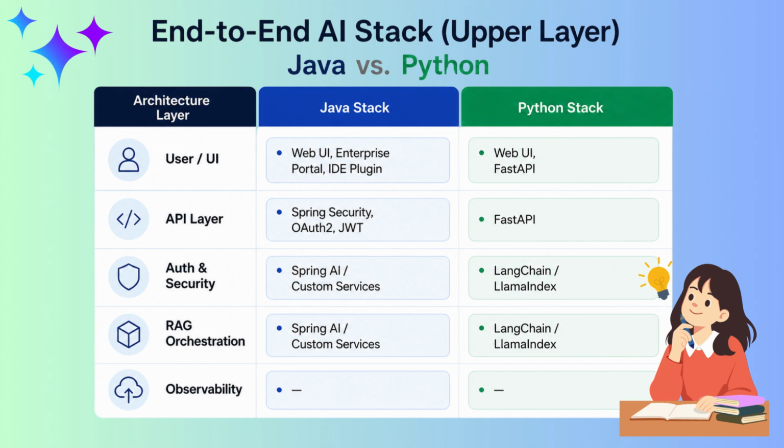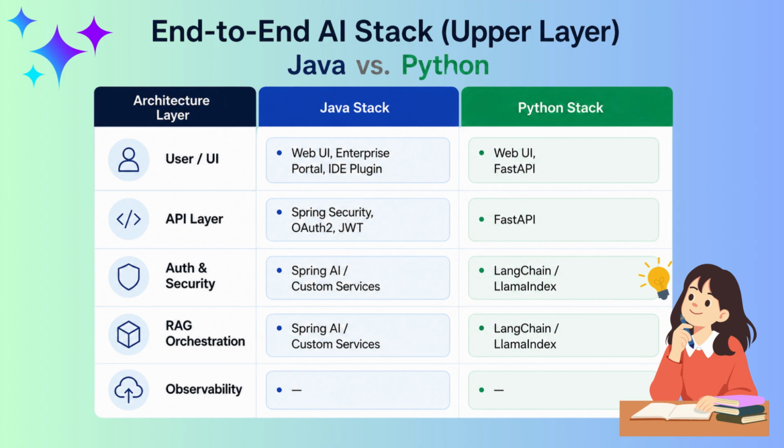To make this easier to understand, we will split the stack into an upper layer and a lower layer. This slide shows the upper layer where user intent and control are handled. Starting at the top, the user, through the user interface, is just how humans interact with the system. Python teams often move fast with simple web UIs, while Java teams usually plug into enterprise portals or IDE plugins.